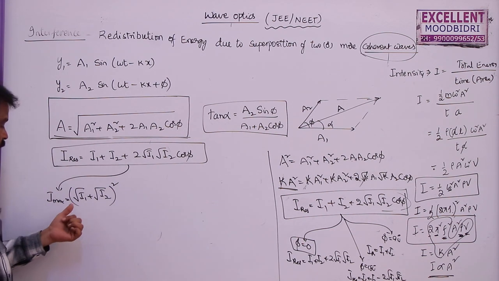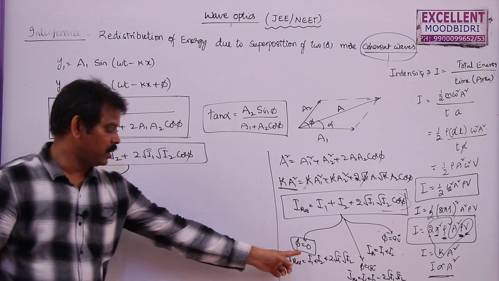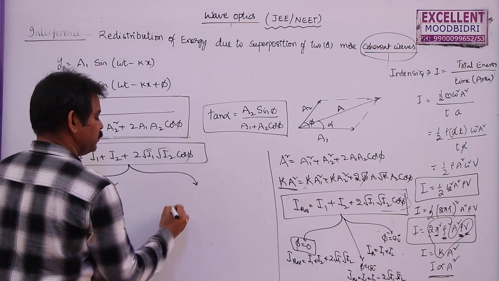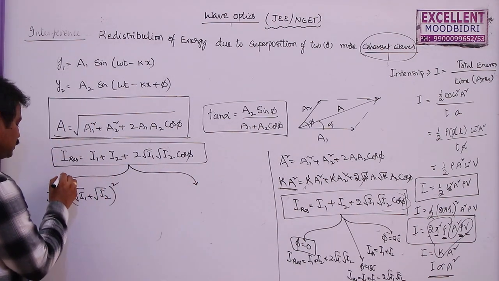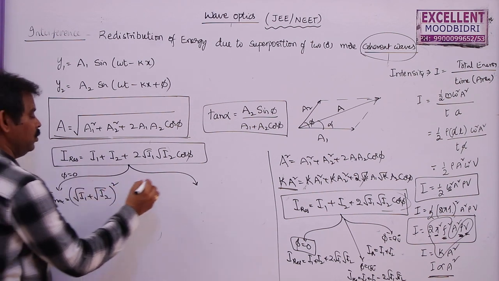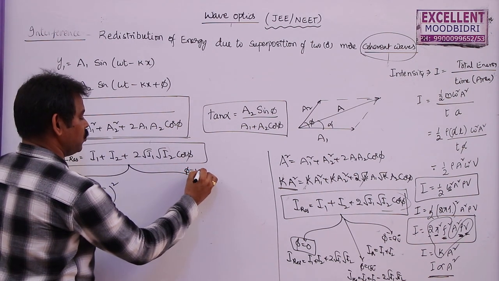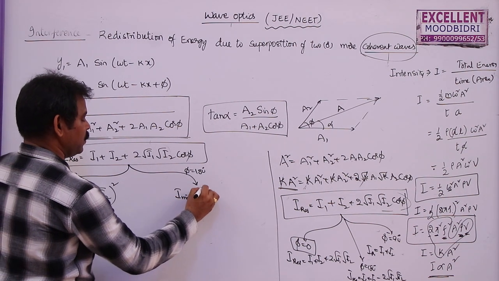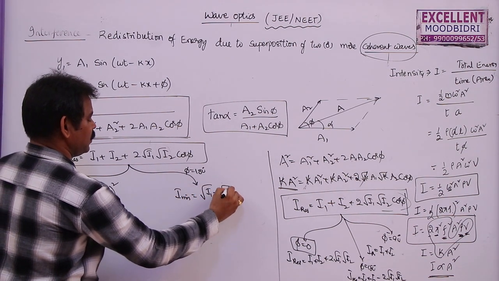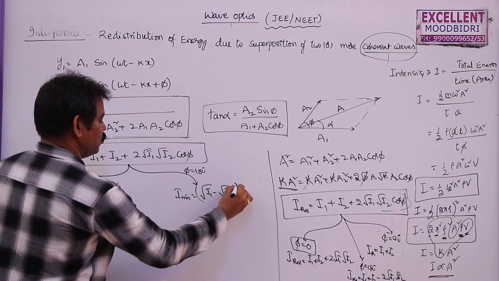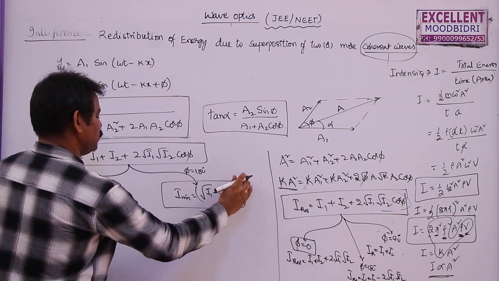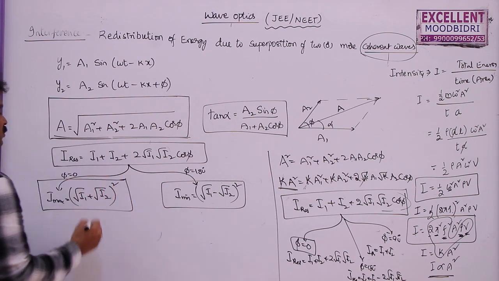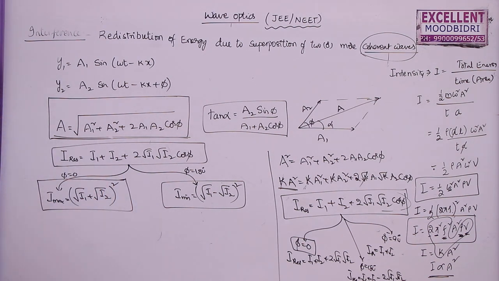If you expand this, you will get I1 plus I2 plus 2 root I1 I2 when phi is equal to 0. Similarly, the intensity is minimum if phi is equal to 180. So I min is given by root I1 minus root I2 whole square. This is the minimum intensity when the phase angle is 180, and the maximum intensity is when there is no phase difference between the two waves superimposing with each other.